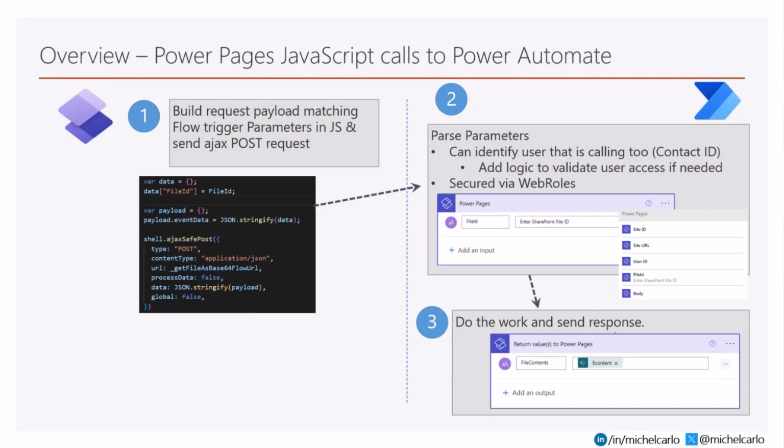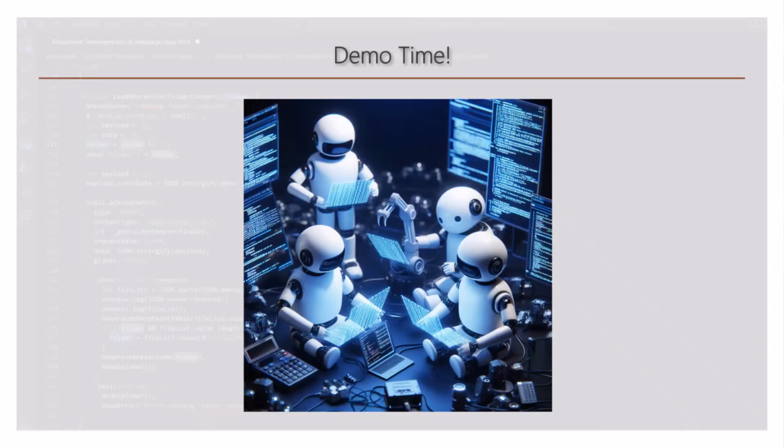And then after you do the work you want to do, like do your checks or connect to any external data source, you can return the response to Power Pages, and Power Pages processes the flow response with the JavaScript. So now, enough of theory, I'm going to jump into the demo.